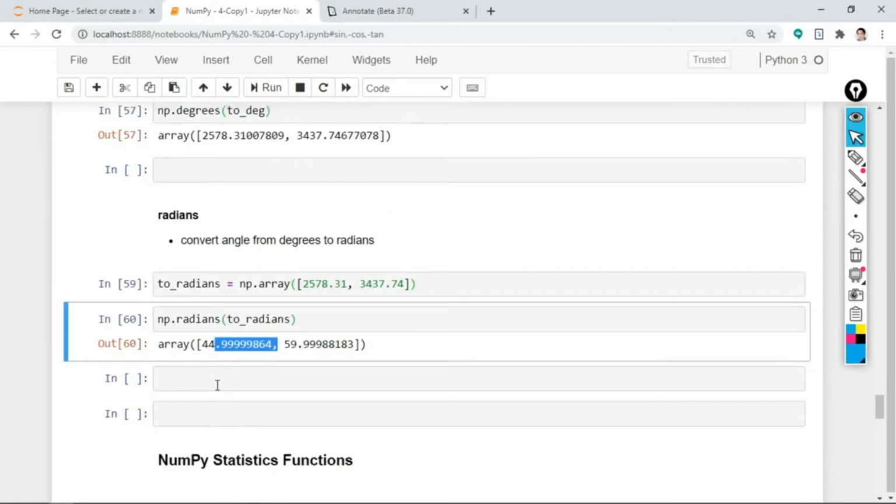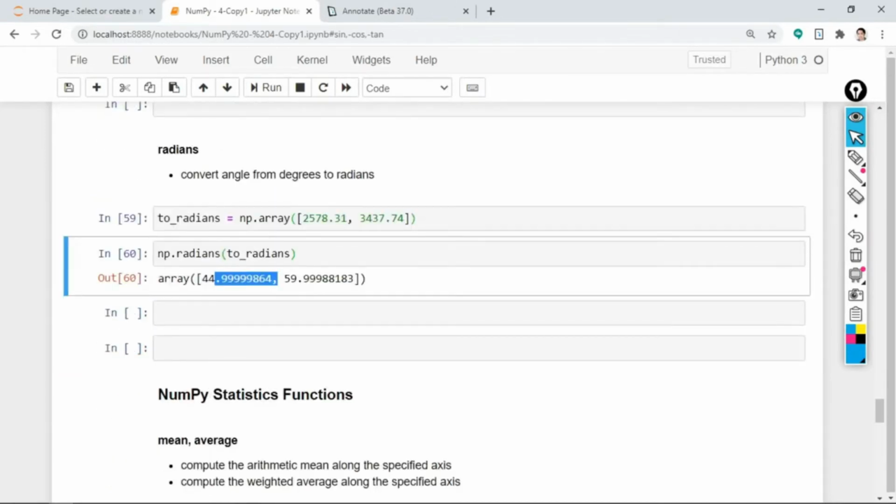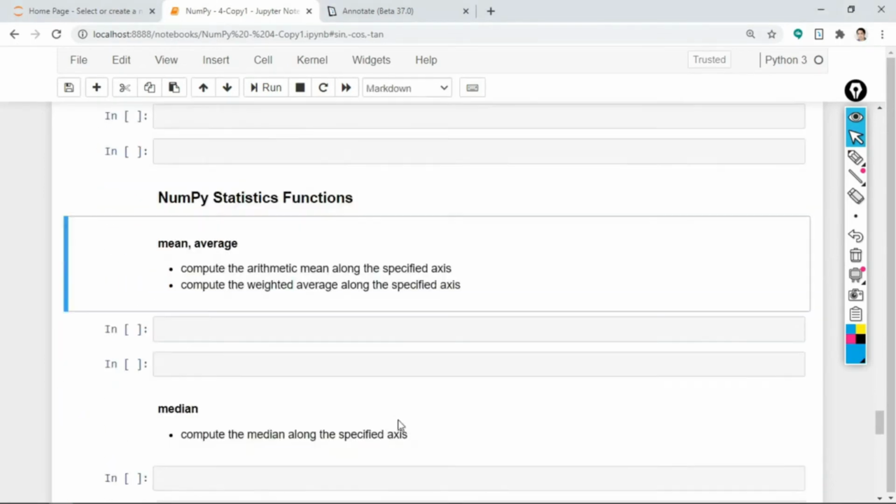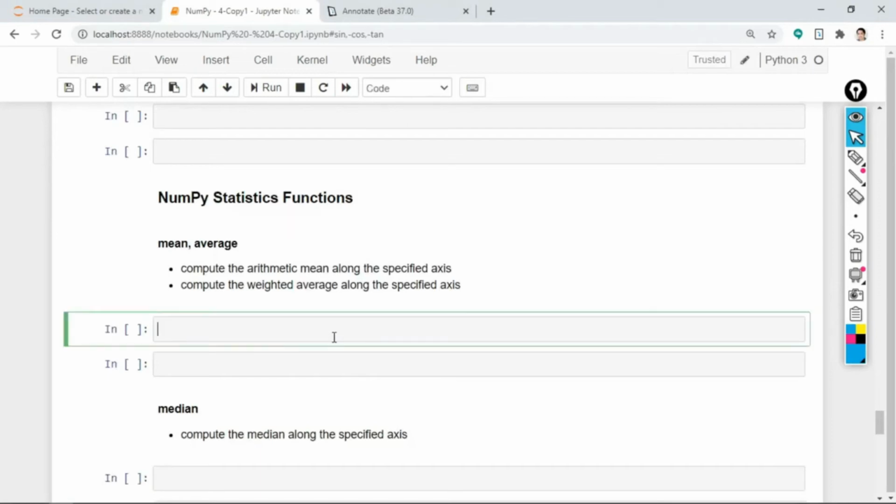Also, we have very useful NumPy statistics functions, which are very common in data science. This is the basics of statistics. We have mean, or average. For example, we have specific data in np.array.